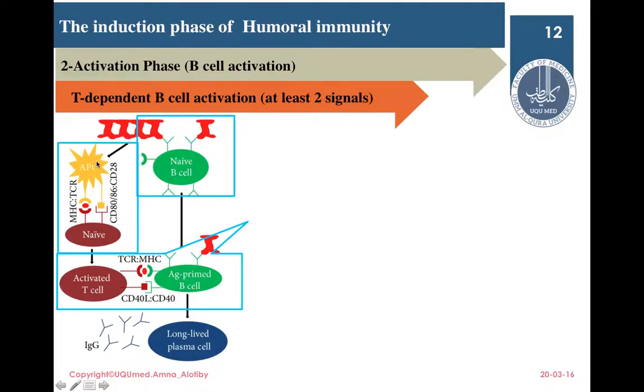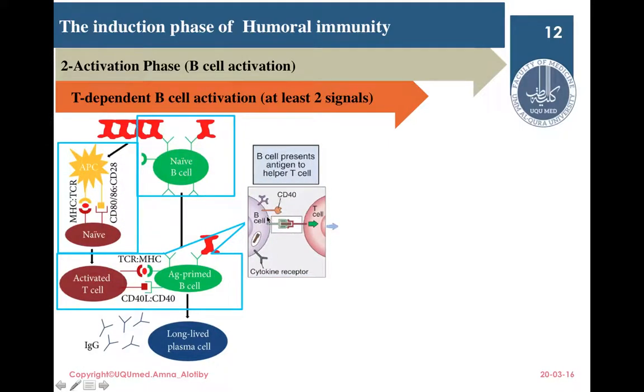The dendritic cells present the antigen to naive T cells to activate them, while the B cells present the antigen to an already activated T cell. If we look closely, we'll see that MHC class 2 presents the antigen to the activated T cell, and as a result the activated T cell interacts through this co-stimulatory receptor CD40 on the B cell and CD40 ligand coming from the activated T cell.